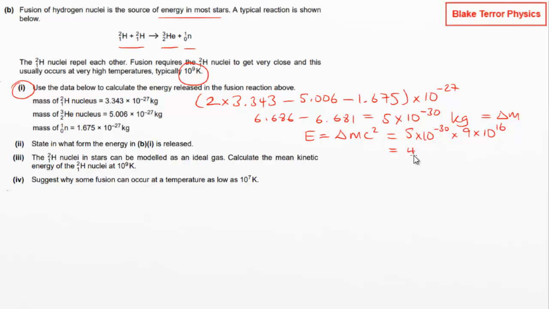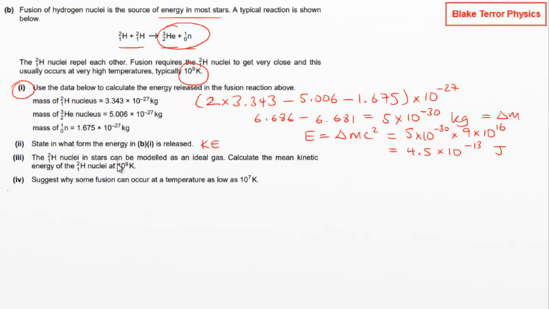So that will be 4.5 times 10 to the, how many have we got all in all here? Minus 13 by the time we take the 10 out of the 45 joules. Cool. State in what form the energy is released. So this is going to be kinetic energy of all of these two on the right hand side.